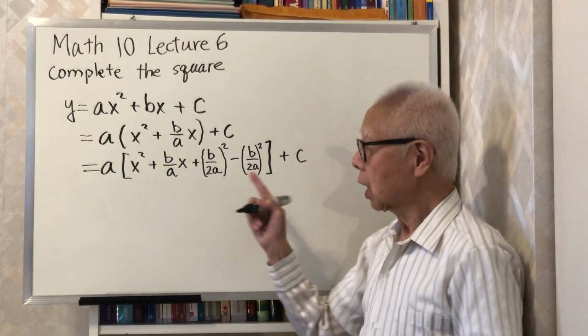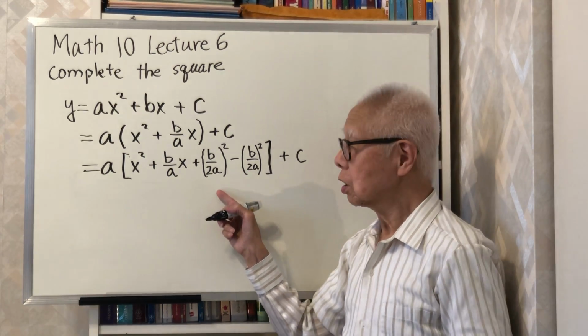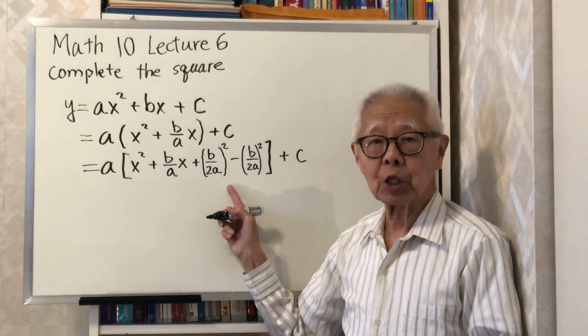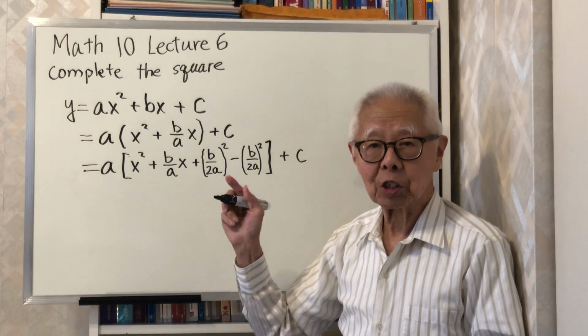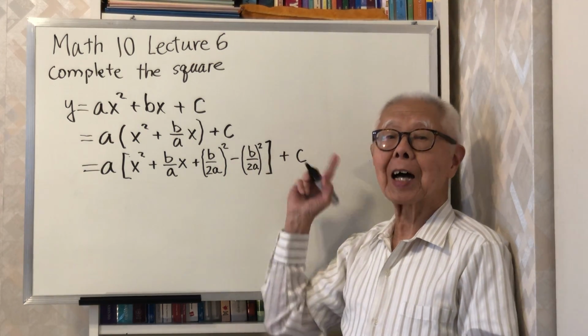Next, I move the square bracket forward so that only 3 terms are inside the square bracket, and move this term outside the square bracket.